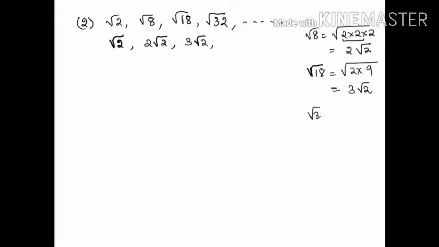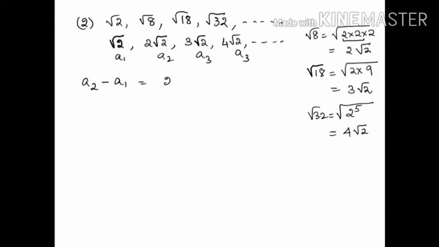Likewise, root 32 is square root of 2 to the power 5. That can be written as 4 root 2. Now labeling the terms and finding the common difference, A2 minus A1, that is 2 root 2 minus root 2, we get root 2.